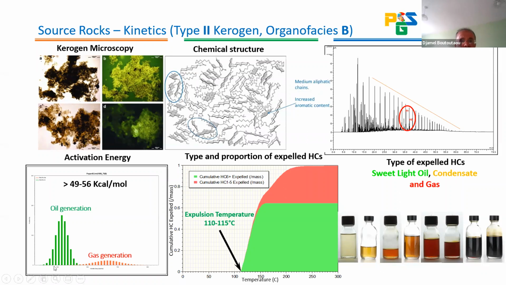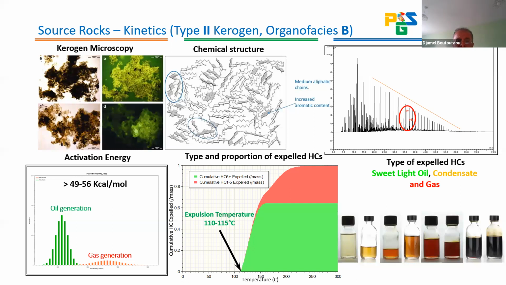The kerogen looks fairly the same as type 2S, mostly amorphous organic matter. The main difference between type 2 and type 2S is the amount of sulfur in the kerogen. Here we have much less sulfur, you can see the difference in the kerogen composition. We don't have sulfur in this, so that means we need more energy to generate hydrocarbons, I mean oil, gas and condensate, from these.